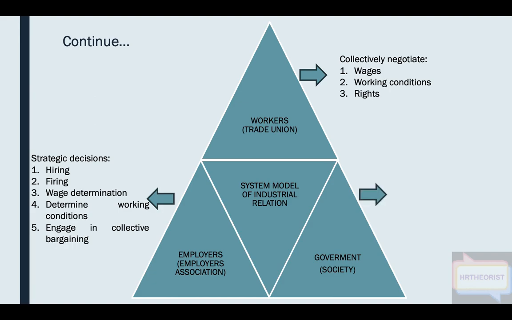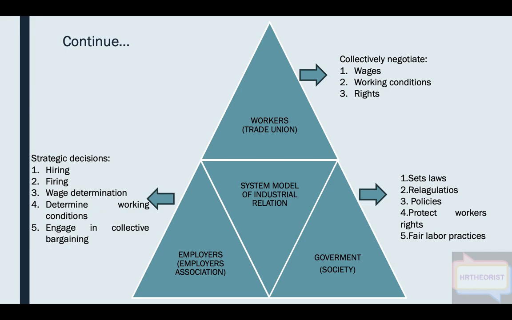The third one, government. The government is an important actor in the system model of industrial relations because it sets laws, regulations, and policies that govern employment relationships, protect workers' rights, and ensure fair labor practices. So, the government may establish institutions and bodies to oversee and enforce labor laws, mediate disputes, and provide support for labor management relations.